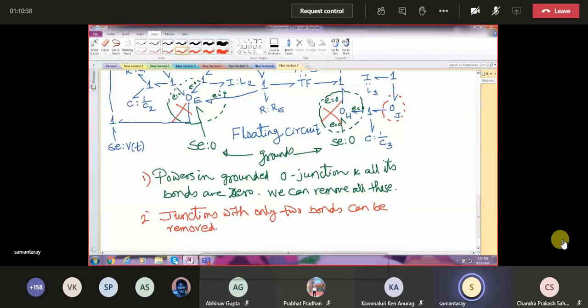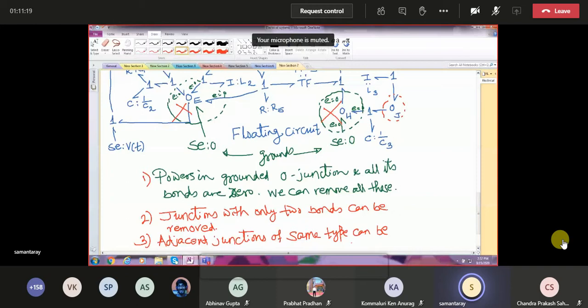We can remove those. Once we remove, let's say this 0 junction, what we will have is one junction connected to one junction. And we also know the rule for that. Adjacent junctions of the same type can be merged. That also we know.